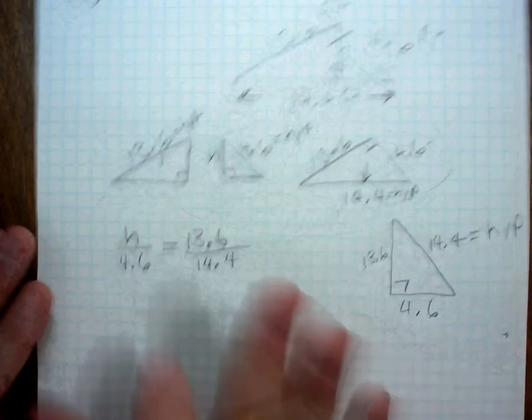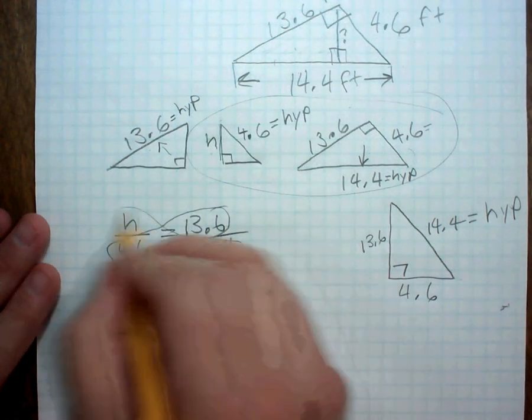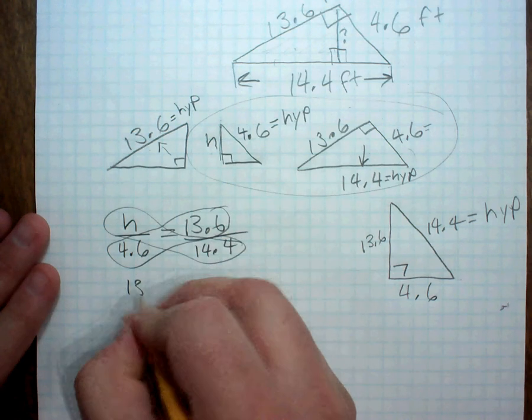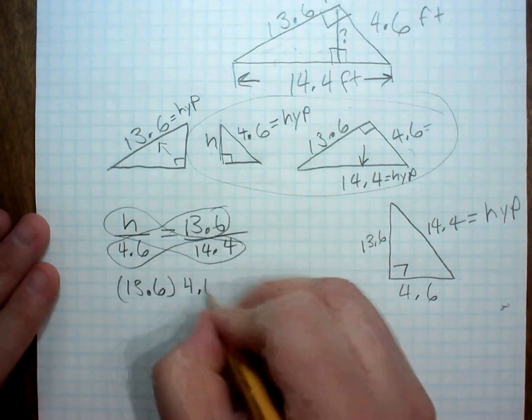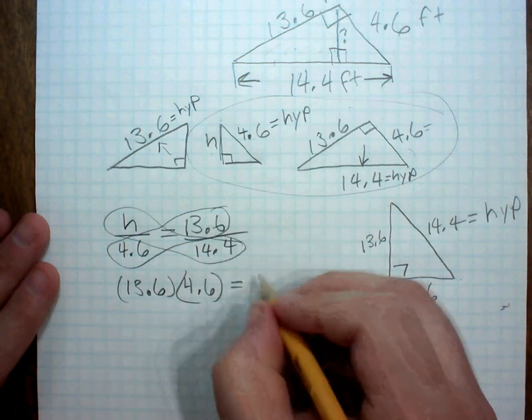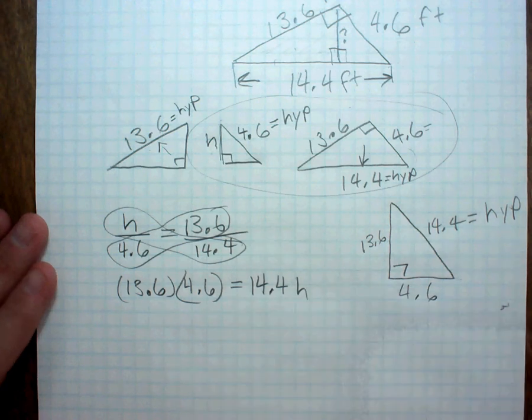Now that's the tough part about the problem. From here, I think everybody can get this problem. You're just going to cross multiply. So I'm going to get 13.6 times 4.6 is equal to 14.4 times h.